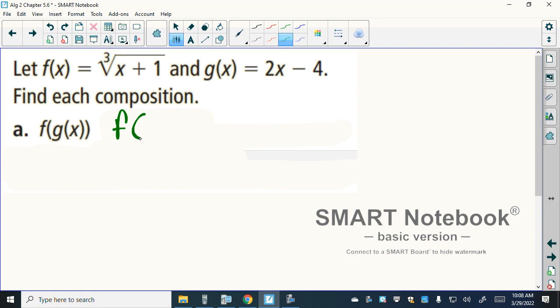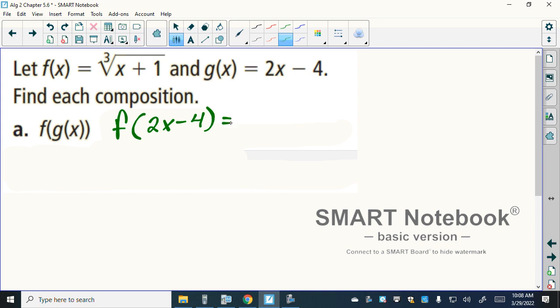What is g of x for us? 2x minus 4. So we are taking g of x and replacing it with 2x minus 4. Because if we wanted to, we could have rewritten f of g of x and then wrote f of 2x minus 4.